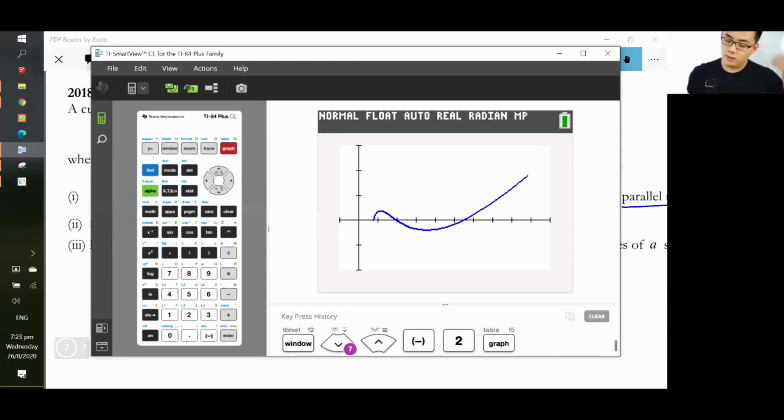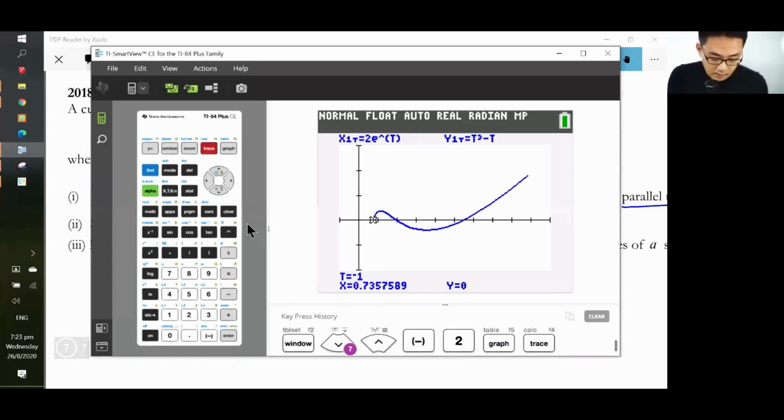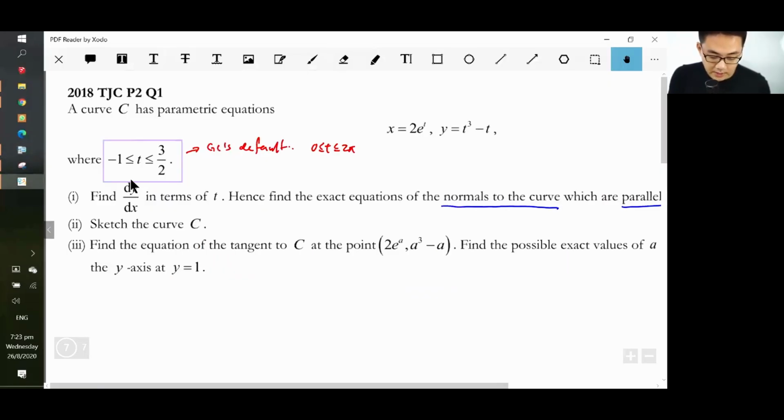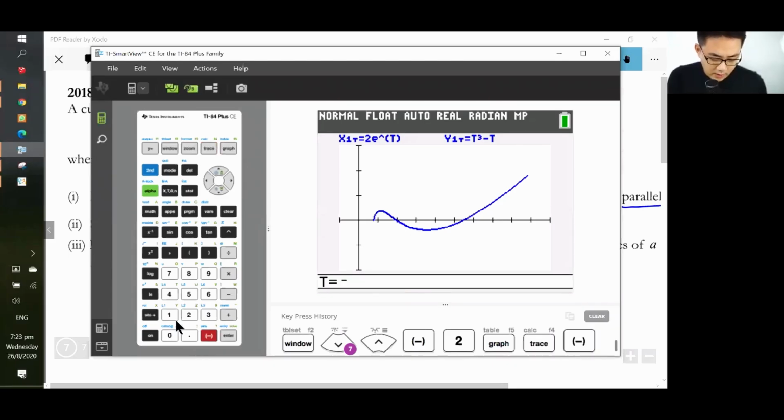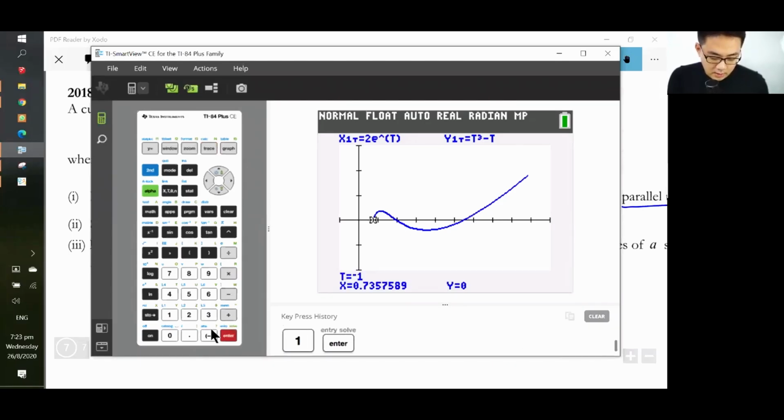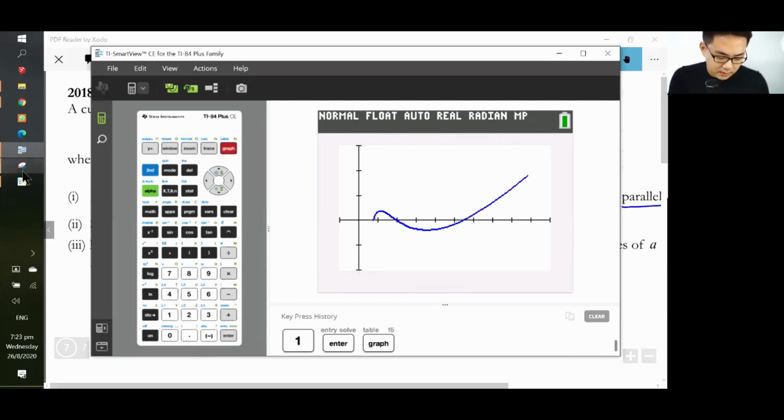Okay, that's how I do it. Now remember I said that you always try and trace the extreme points. So like this is -1 and 3/2. So put -1 around here and see whether 3/2 is on the other side. I think I've done that quite a few times already, but you know.